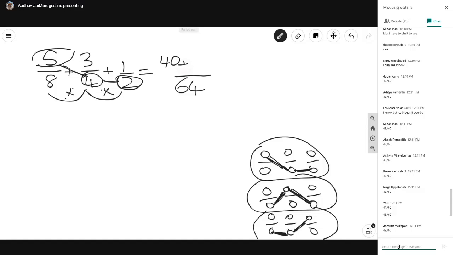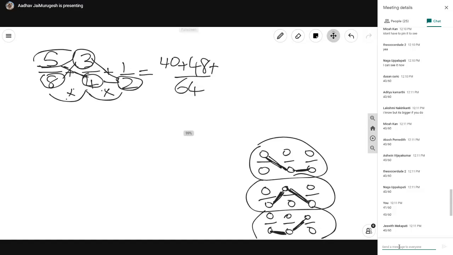And since there is a plus sign before the other number, it's going to be plus. Then our second pattern is going to be upside down V. So it's going to be 8 times 3 times 2, which is going to give us an answer of 48. Then our last pattern is going to be multiplying 1 times 4 times 8, which is going to in turn give us an answer of 24.